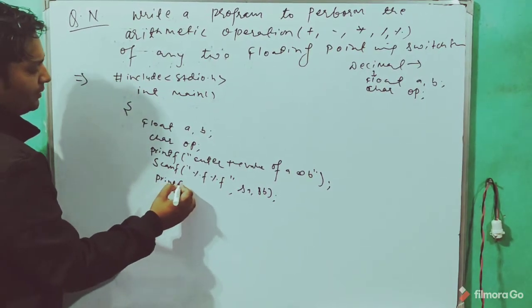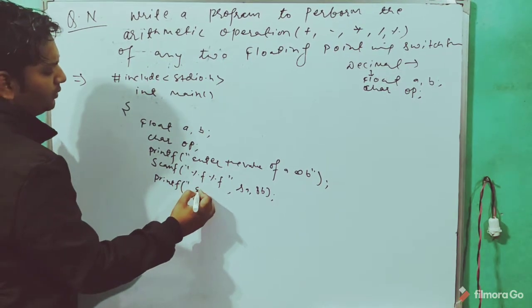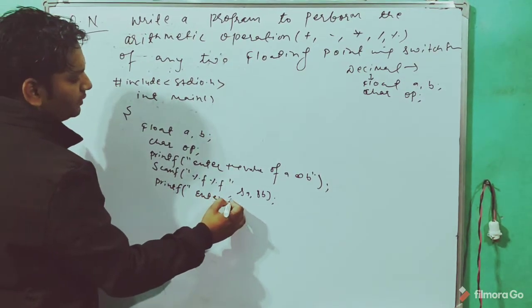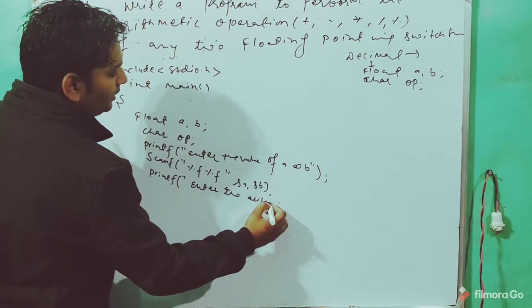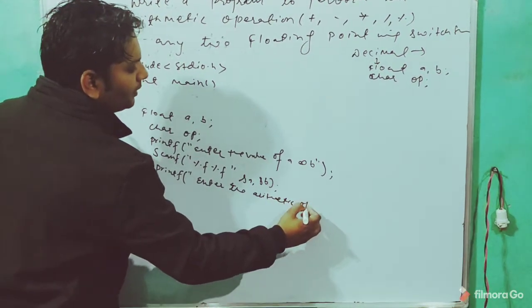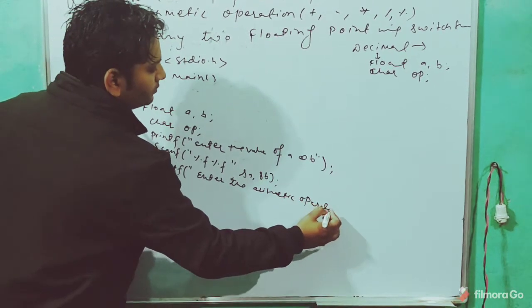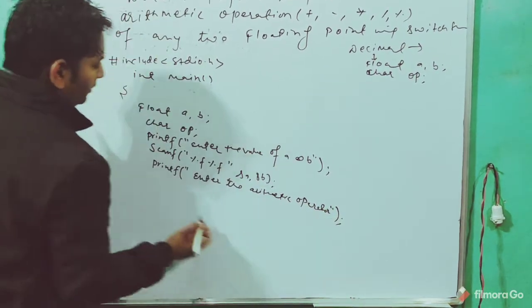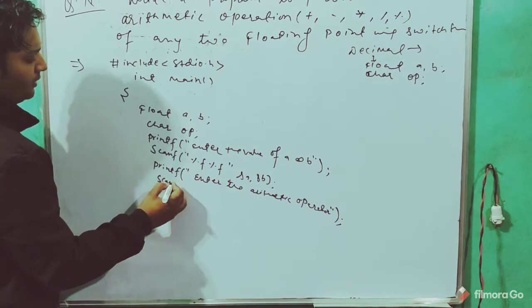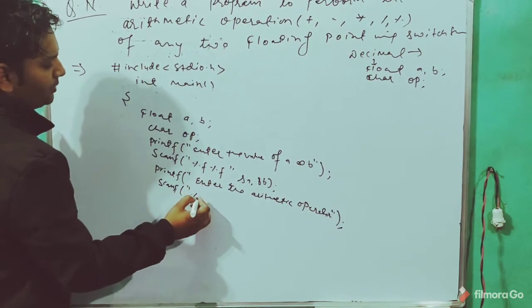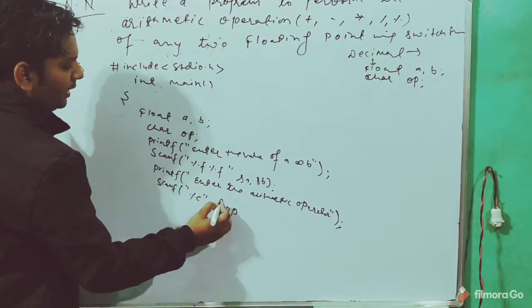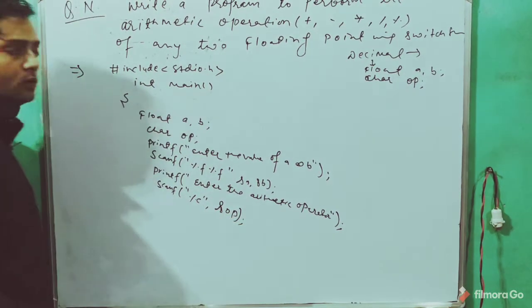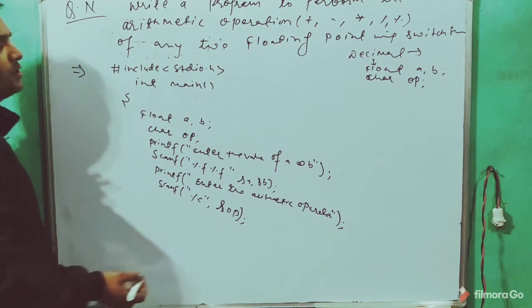Again, printf: enter the arithmetic operator. For that we write scanf; for a character we use %c and op. Now we have to use the switch conditions.